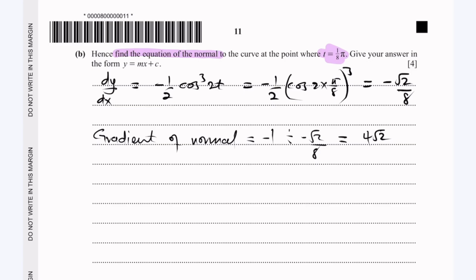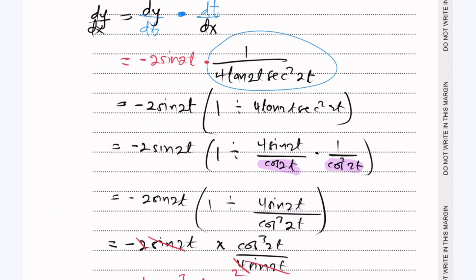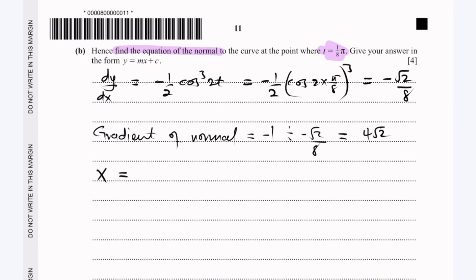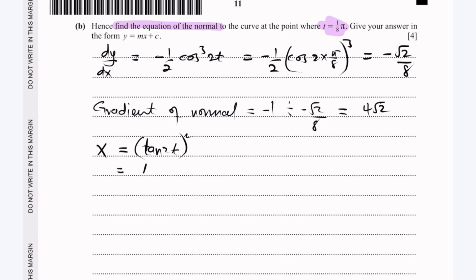Okay, so go and grab the x. They said x is tan square 2t. In other words, it's tan 2t all square. Then we shall put our t value there. So we have tan 2 times pi on 8 all square. And that will give us 1 because tan pi on 4 is 1. 1 square is still 1.